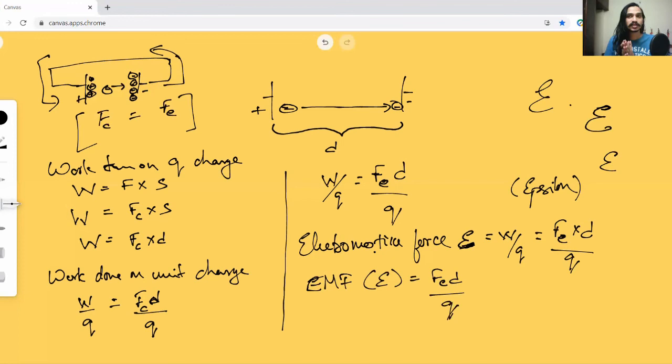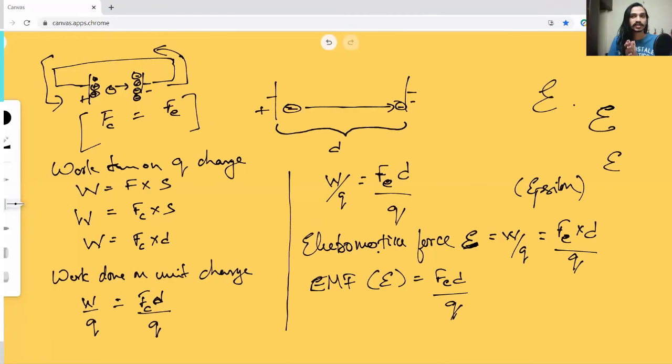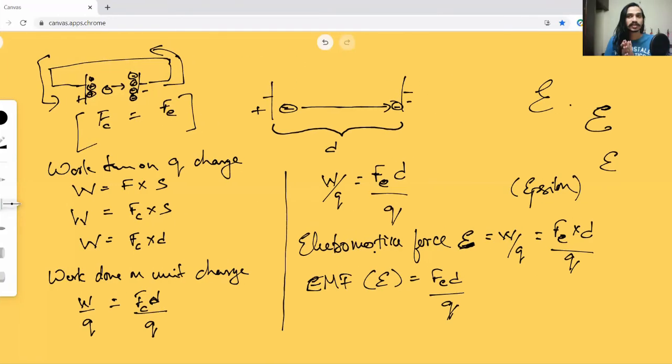However, it doesn't really matter. It'll come up to the same value. Positive to negative or negative to positive, the value is the same. Just in terms of definition, this is something that you can remember: work done on a unit positive charge to move from the negative terminal to the positive terminal through the battery. Not from outside, through the battery.